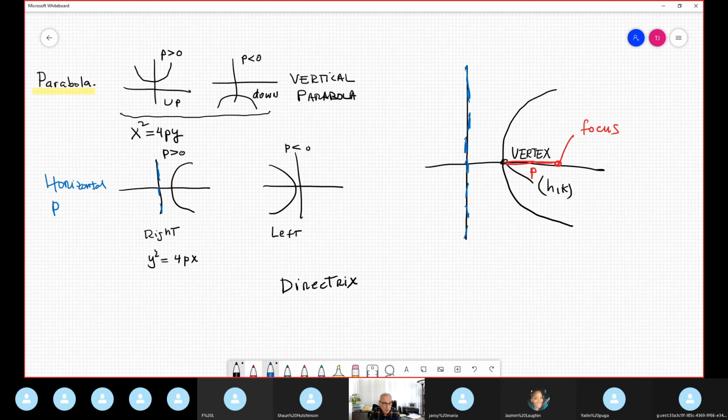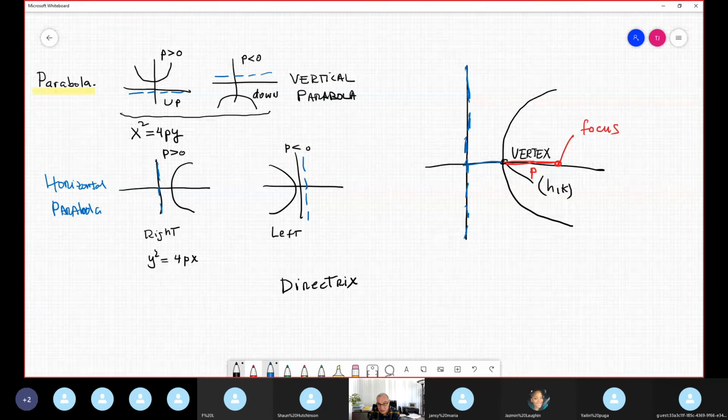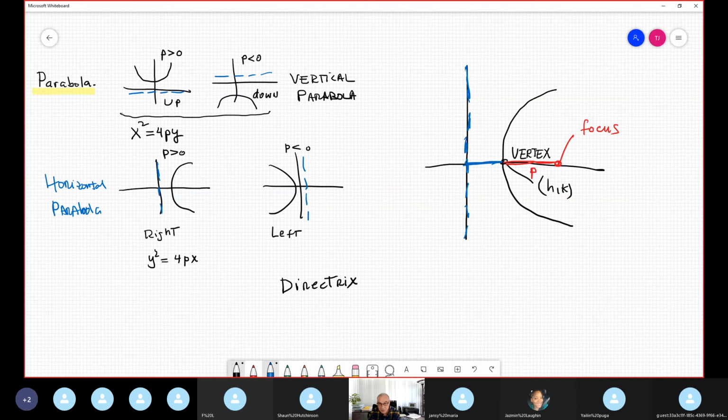So for the horizontal parabola, the directrix is a vertical line. It can be placed like that, not necessarily. The directrix is a line that can never cross the parabola. But the important information is that this distance is always p again. In the parabola, we have no a, b, c. We have only one parameter, p.